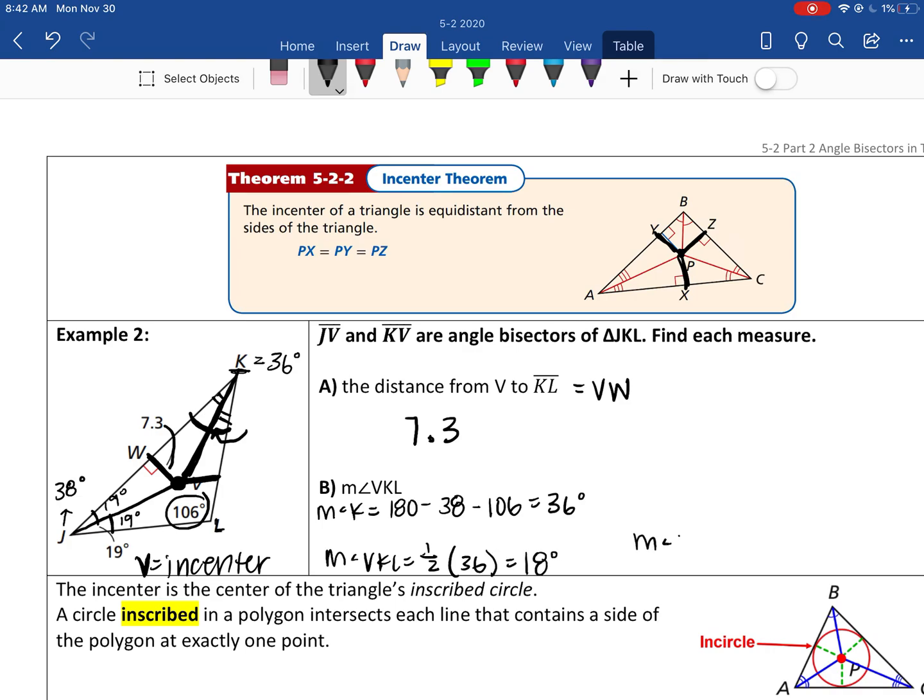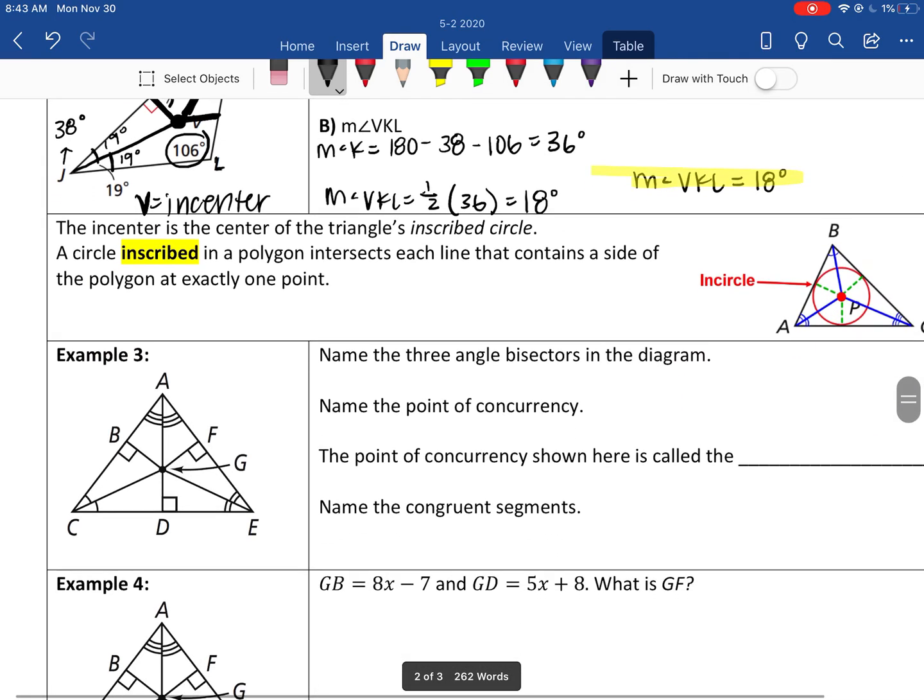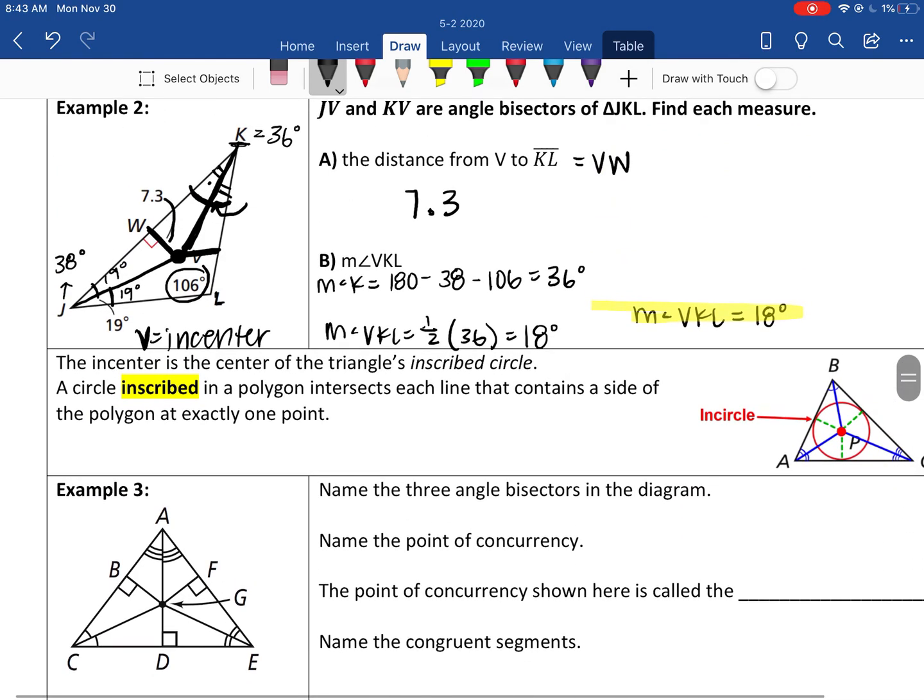My measure of angle VKL is 18 degrees. If they do not give you 1/2 of it, you're going to have to find the whole and cut it in half, because angle bisectors cut your angles in half. We'll get a little more work on that in just a second.